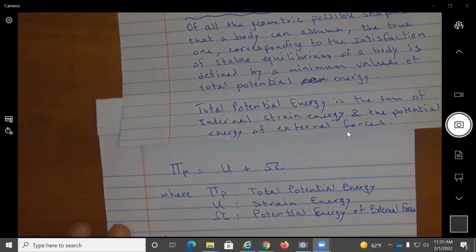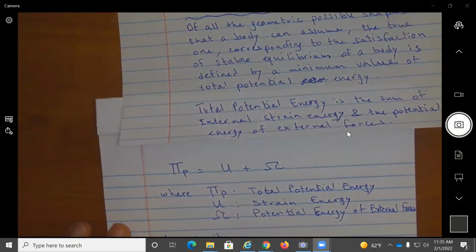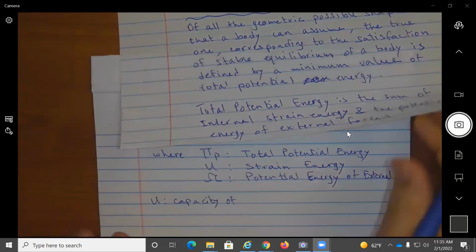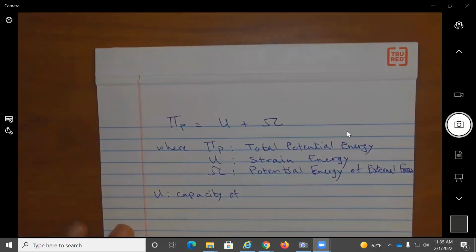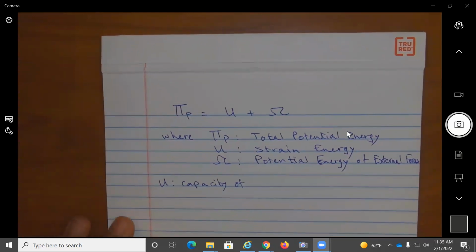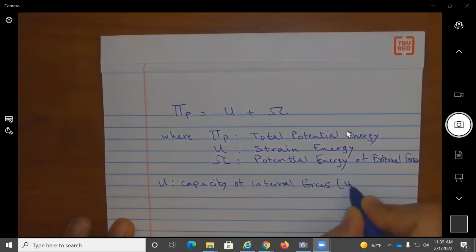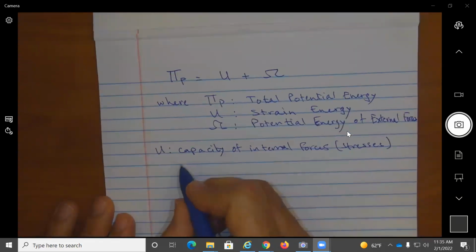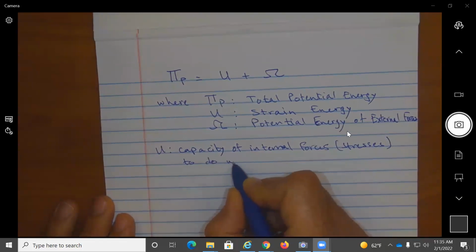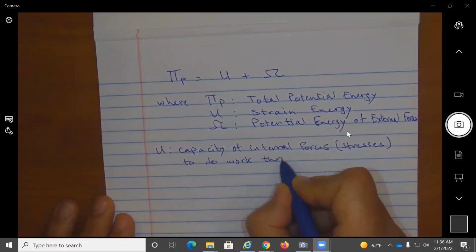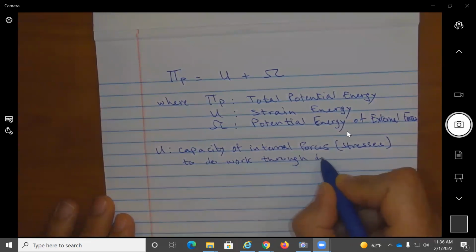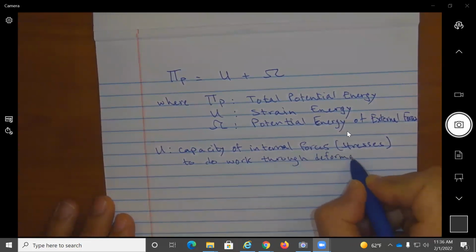U is a capacity of the internal forces or stresses to do work through deformation, so forces and deformation.